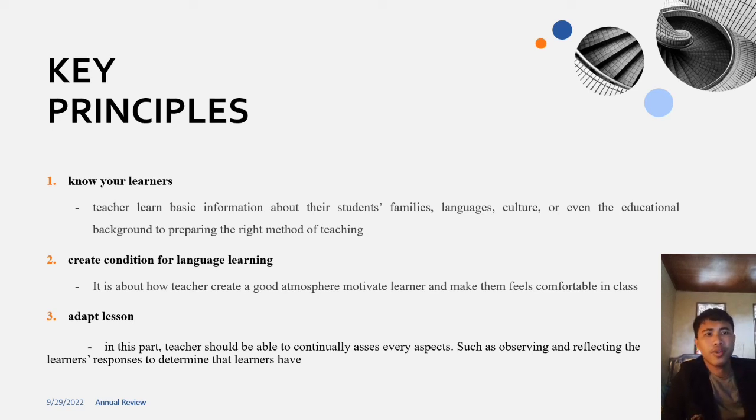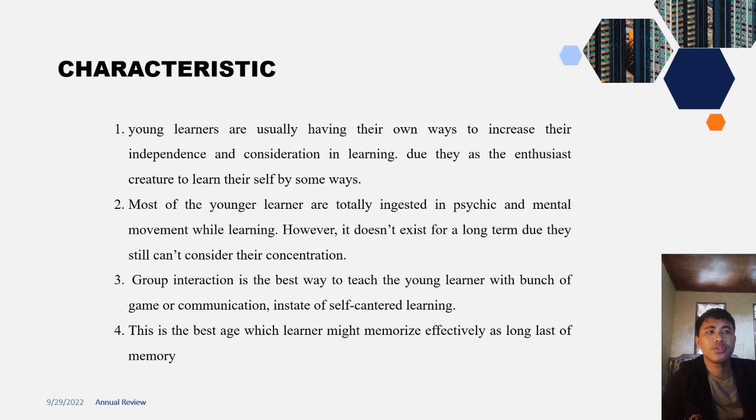Alright, the next is about the characteristics. The first is that young learners usually have their own ways to increase their independence and consideration in learning. They are enthusiastic creatures who learn by themselves in some ways.